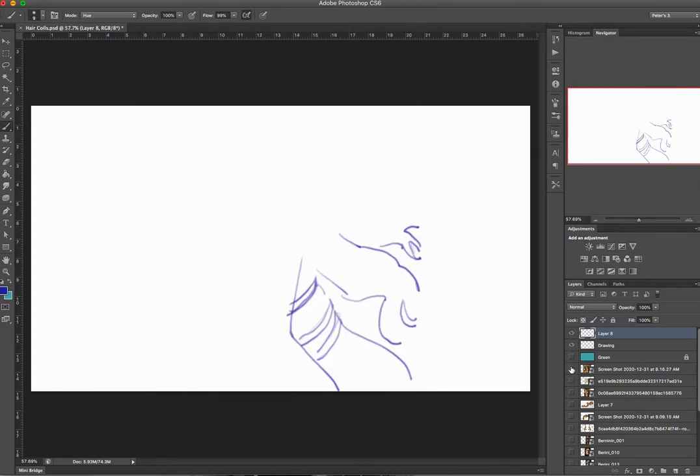So at this point, we're not going to be concerned with the undulations of the hair. We're going to just be concerned with the patterns for today.